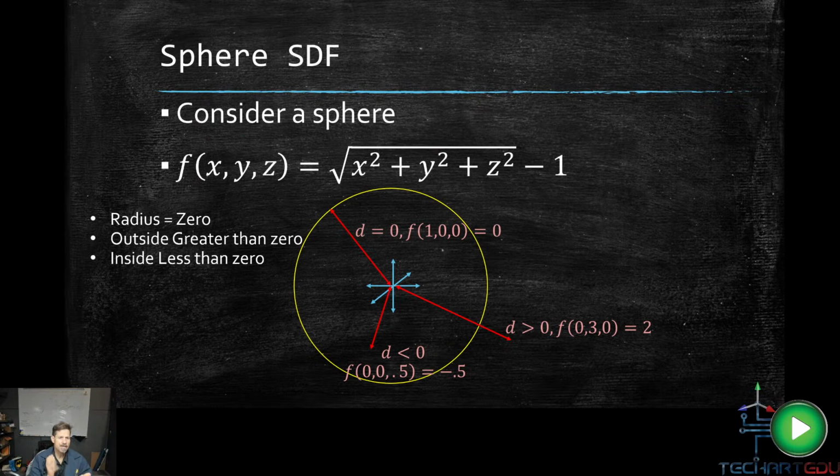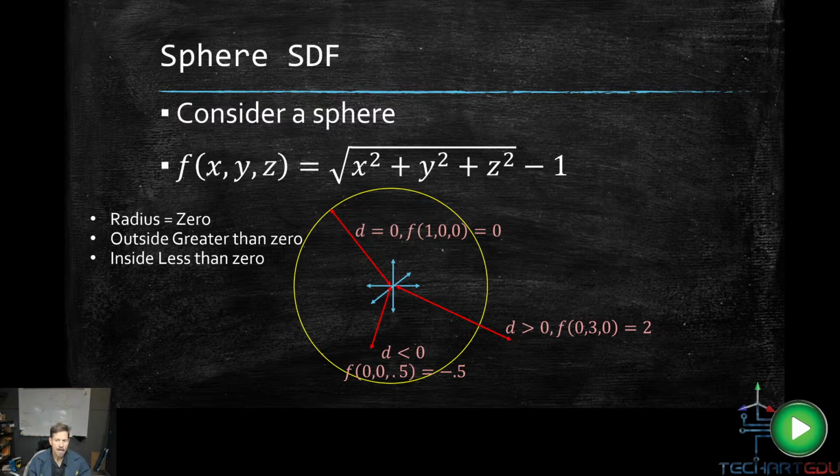Now consider a basic sphere. A sphere is really pretty simple, and this is the function for a sphere. It's the square root of x squared plus y squared plus z squared, and then you subtract 1. Now 1 is assuming that we're dealing with a unit sphere. The 1 could be whatever radius you want.